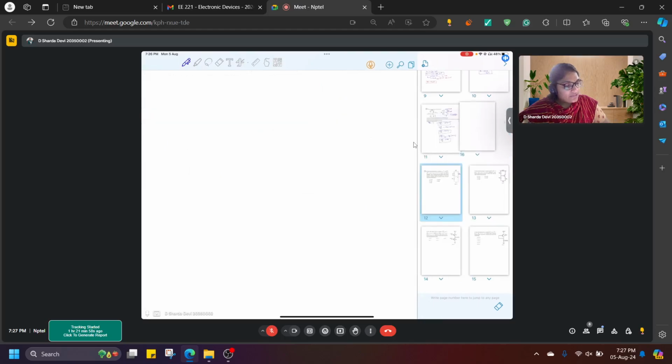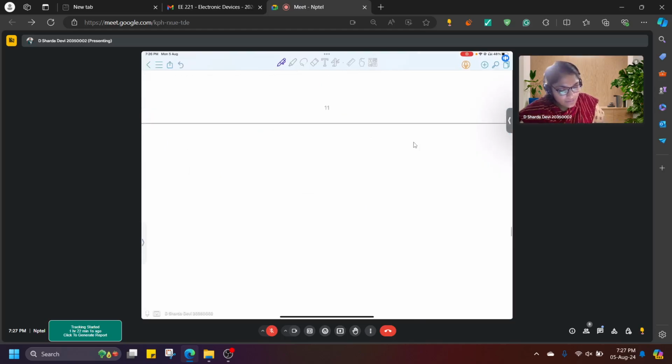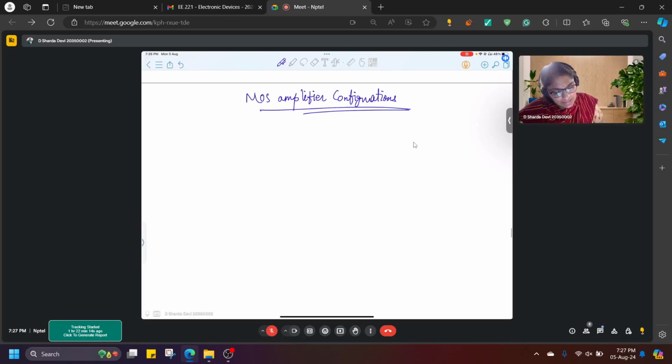now since we are talking about these, if I talk about the MOS amplifier configuration, it's like gate, drain, source, correct?